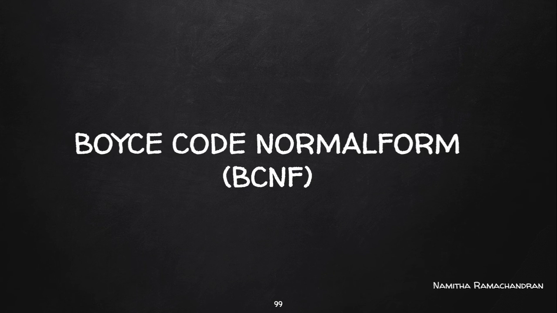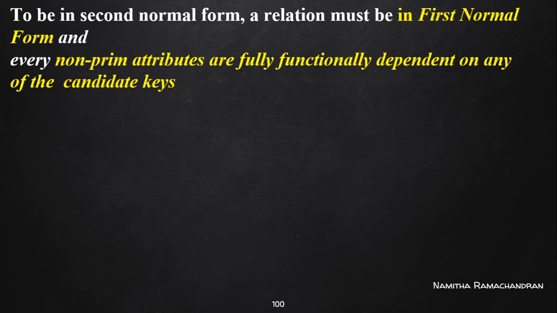In the first normal form, the attributes must be atomic. And for the second normal form, the relation must be in first normal form, and every non-prime attribute is fully functionally dependent on any of the candidate keys of the relation.